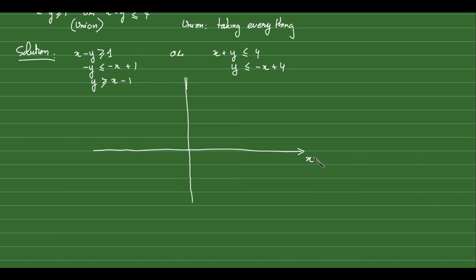X, Y. Now again, let me use the red color here for the first inequality. Over here you start with -1, right? Use rise over run: going up 1, going to the right 1, because this is 1 over 1, rise over run. Now we can get the line.